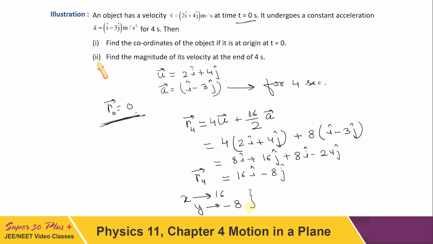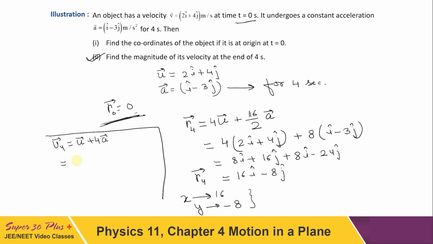Now come to the second part, in which it is asking the magnitude of velocity at the end of 4 seconds. This I am solving here separately. So v4 can be written by just putting the value of 4 in place of t. That will be equal to u plus at, so u plus 4a.